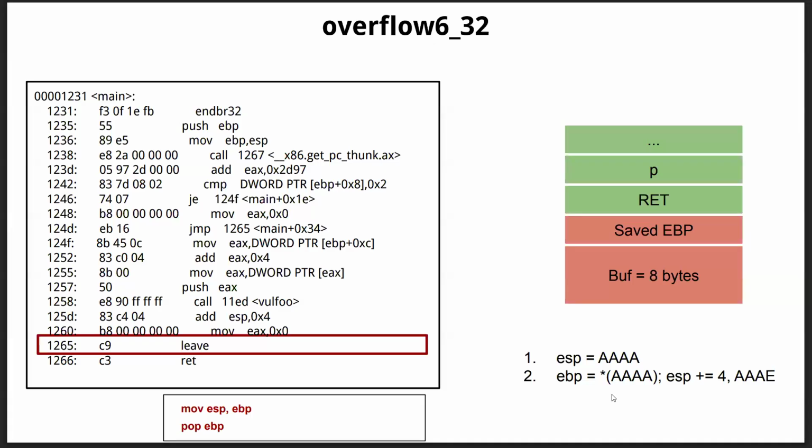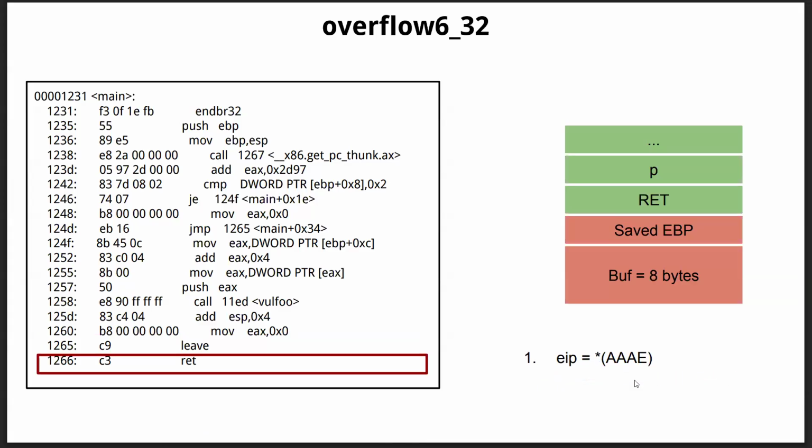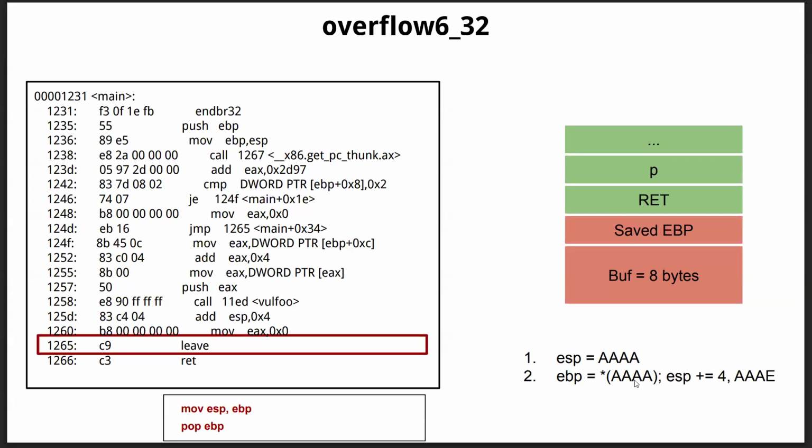Okay. Because it's a pop, ESP will also be incremented by 4 bytes. So AAAA here becomes AAAE. Then EBP will get whatever the memory address AAAA has. Probably that address is not mapped. That's why we get a segmentation fault. But after that, we will return. So return will use whatever ESP points to, right?